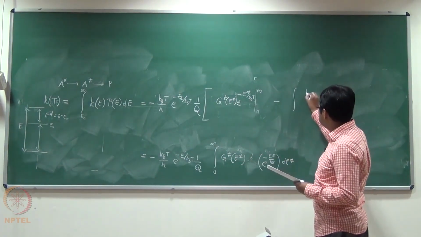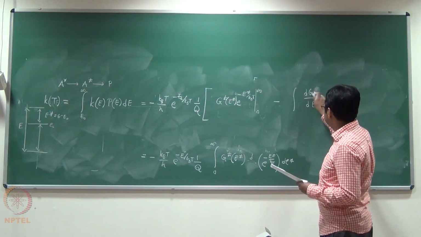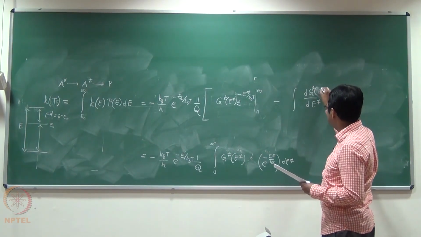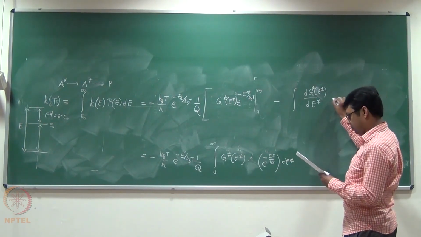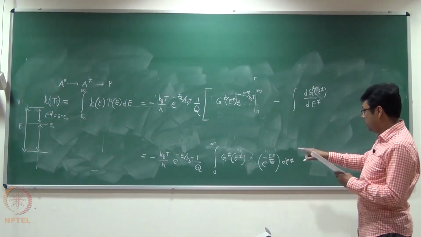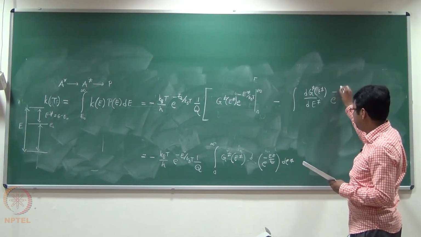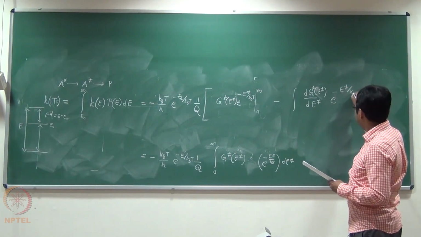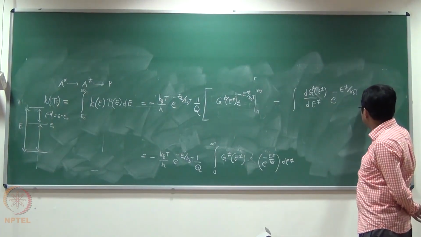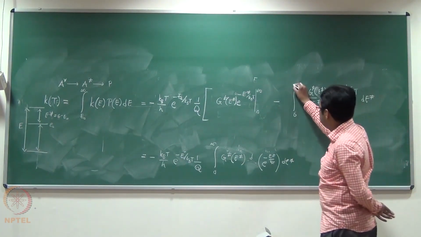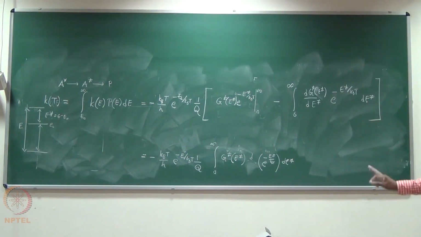Okay, so I'm just writing the first, the derivative of this, and then the integral of this thing, which will give me e to the power minus t. Clear? Okay, just integration by parts.